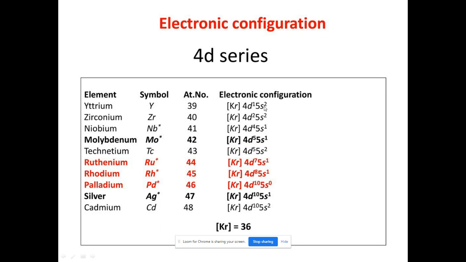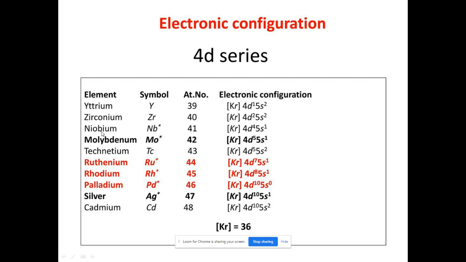As we have already said, if the last electron enters into the 4d subshell, they are known as 4d series elements. The next element of the 4d series is zirconium with the symbol Zr, atomic number 40, electronic configuration krypton 4d2 5s2.